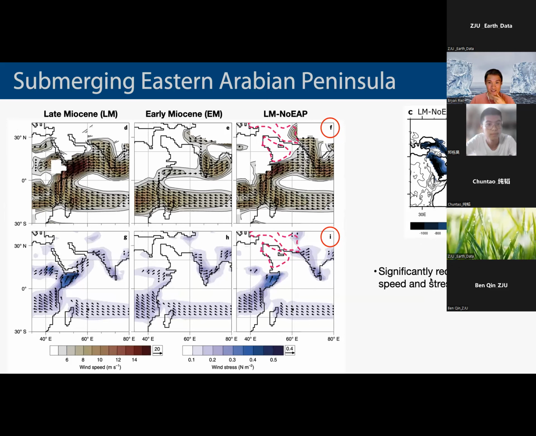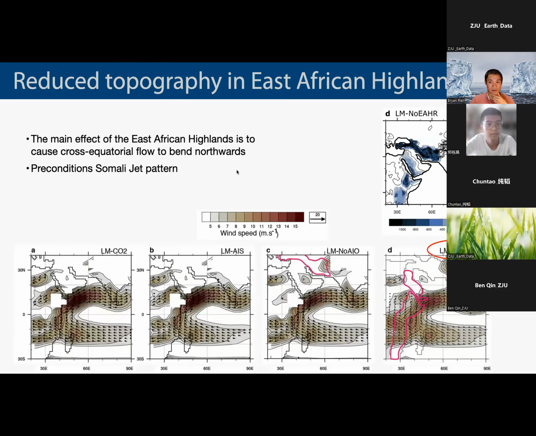Significantly reduced wind speed and stress, which we already saw earlier. And finally, they looked at reducing topography in the East African highlands, which is this mountain range here in East Africa. If you look at the simulations without the East African highlands, you see that the wind flow just has more of an eastward trend.